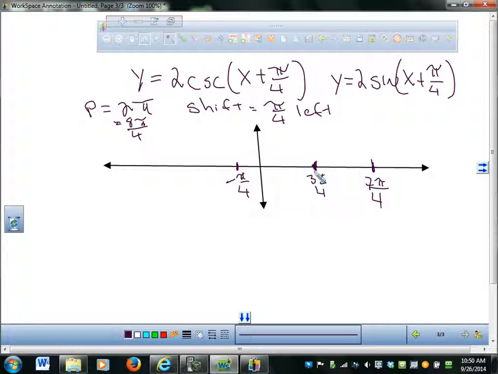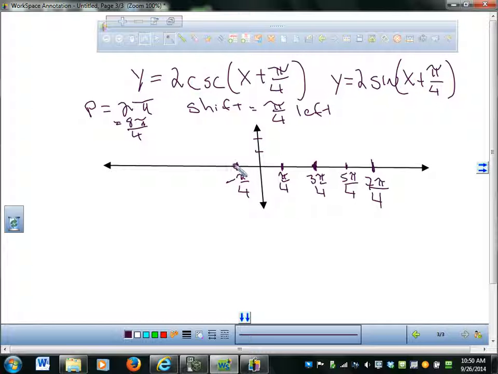The halfway between is going to be 1 pi over 4. And the halfway between here is going to be how many pi's over 4? What's halfway between 3 pi and 7 pi? 5 pi's over 4, right? And then I am going to graph this sine function. How high is that sine function going to go? 2.